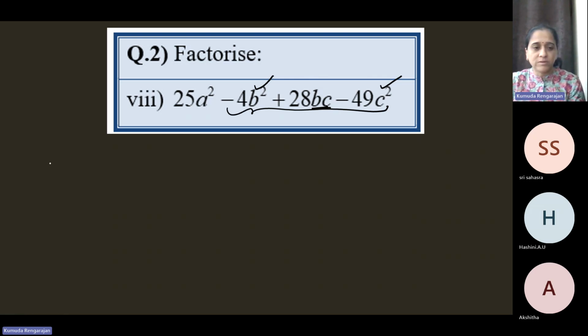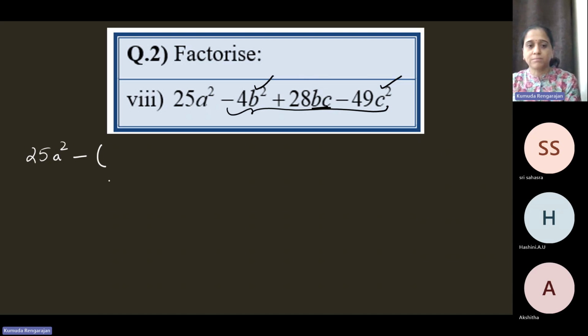Now the first step will be 25a squared. If they make a group, they should be in a bracket. They shouldn't be loose like this. So now 25a squared. What is the sign after 25a squared? Minus. Take the same sign.